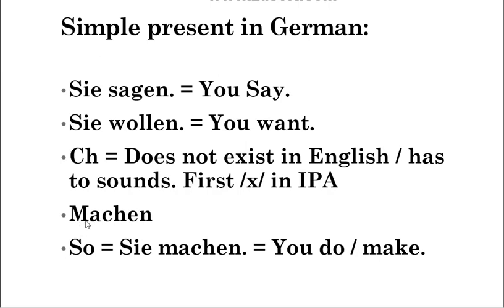Now, if you want to say to do or to make, you would say machen. This sound basically exists in Spanish too. So if you want to say John in Spanish, you would say Juan. Now remember that. So if you want to say you do or you make, you would say Sie machen. Sie machen means you do or you make.